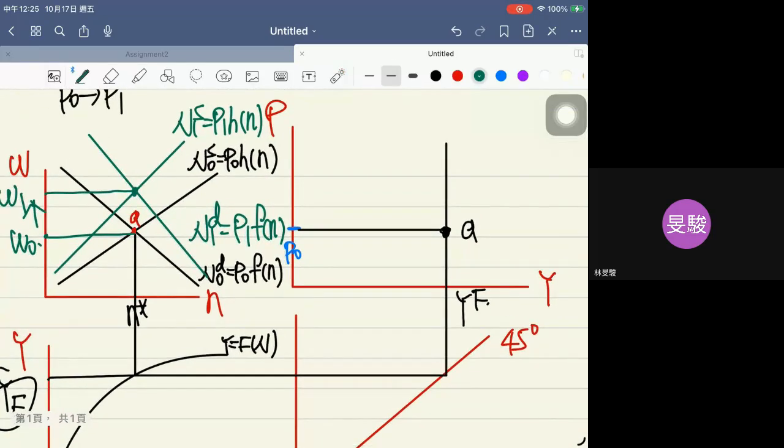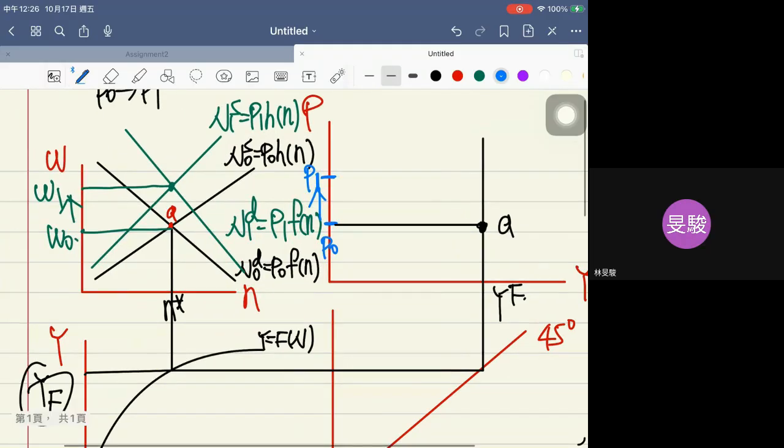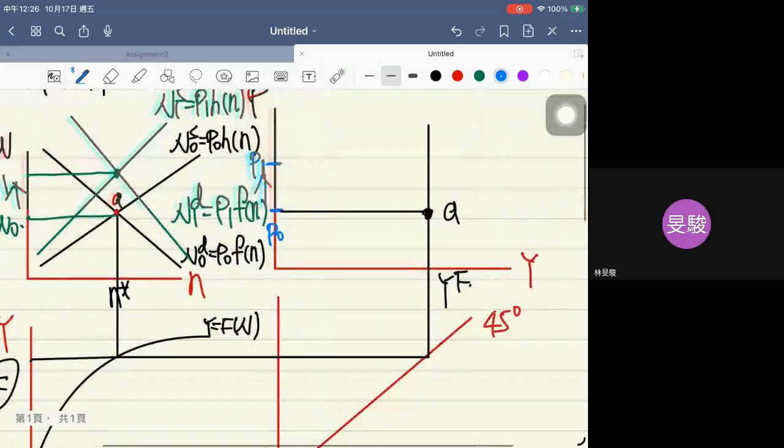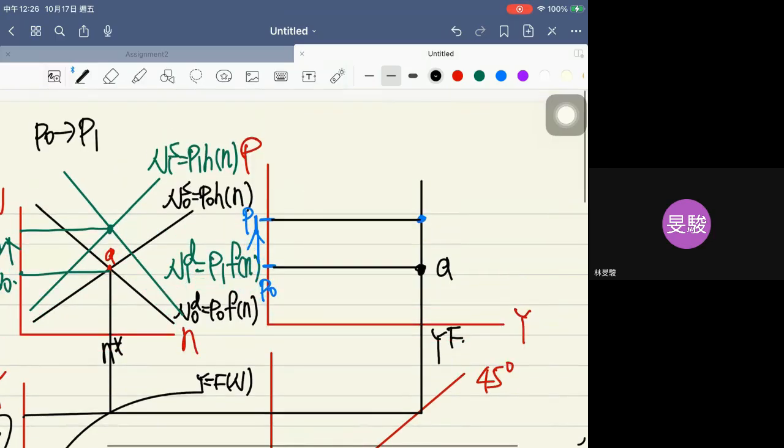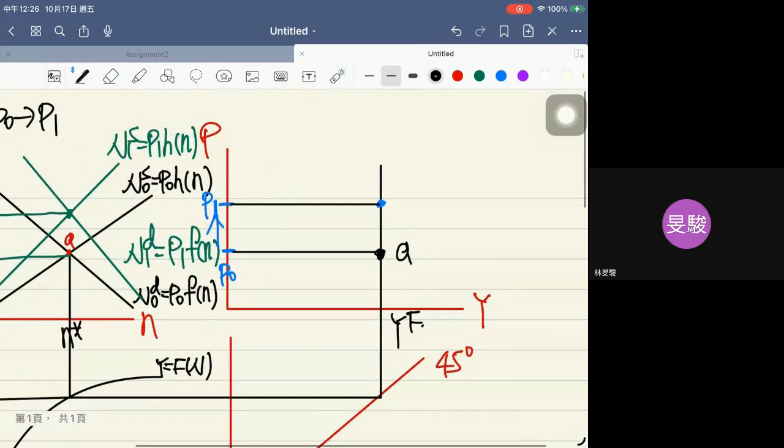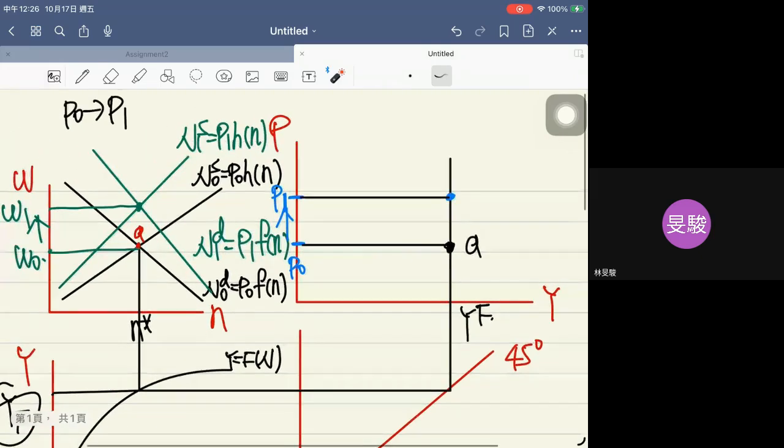So we can get this: the price level P0 rises to P1, and YF is unchanged. So this is the relation of the price level and real output.